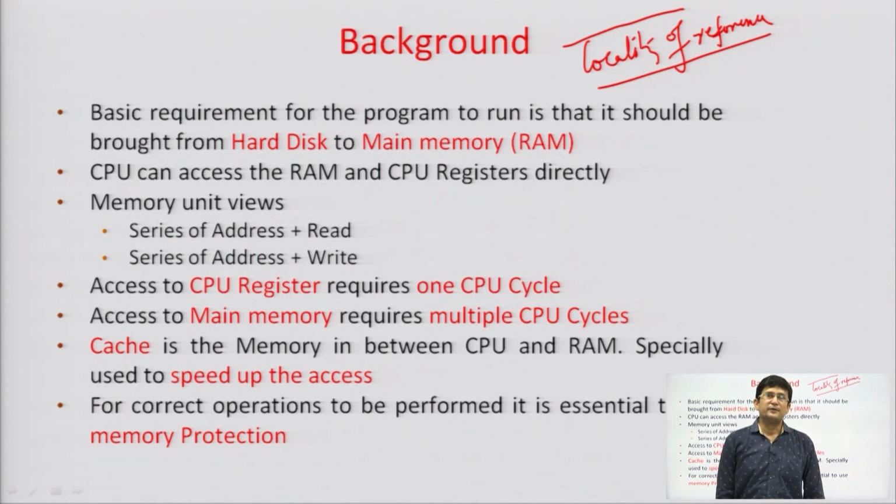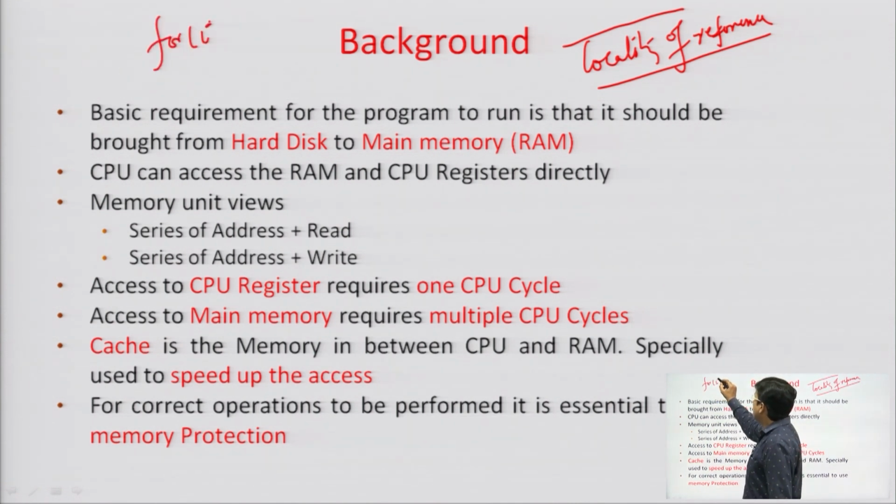The temporal locality of reference means, let us say we have a for loop wherein a variable is used to control that for loop. For example, for i = 0, i <= 100, i++. It is likely that this i will be used 100 times, or 101 times in fact.